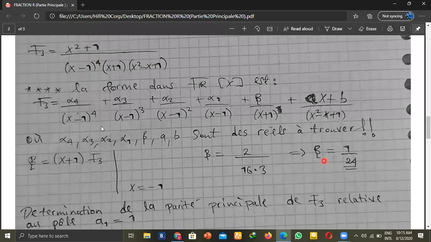This formula is just simple and direct. For you not to confuse yourself, what I avoid, since you already know that when you multiply it here, it will give you 0, 0: you just know in your head that this will be 0, this will be 0, because when you put your x plus 1 here, it will not cancel with this down here. And when you replace with the -1, it will be 0 here because it's a racine.